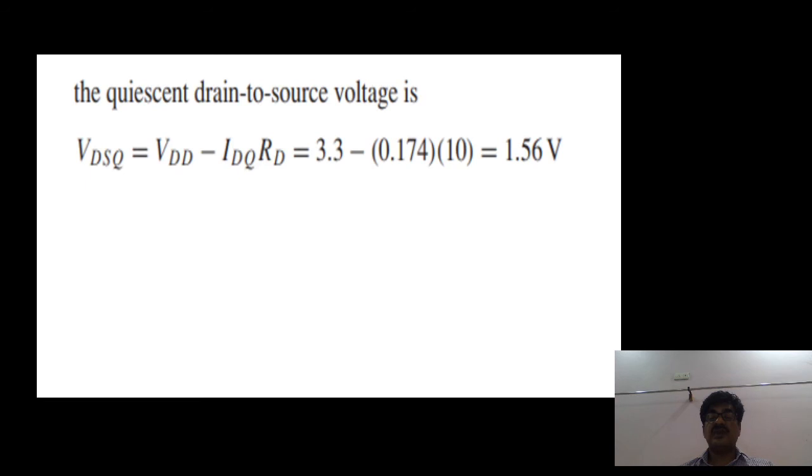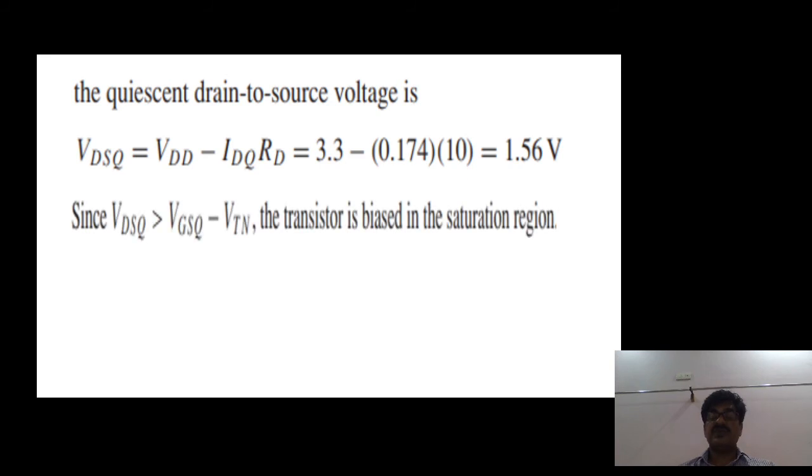Now these two are ready. After that, VDSQ, that is the drain to source voltage at the operating point, is VDD minus IDQ into RD. Substituting all the values, you can get VDSQ as 1.56 volts. Now comparing VDSQ and VGSQ minus VT, you can say where the transistor operates.